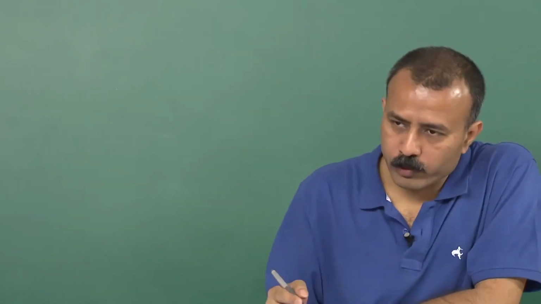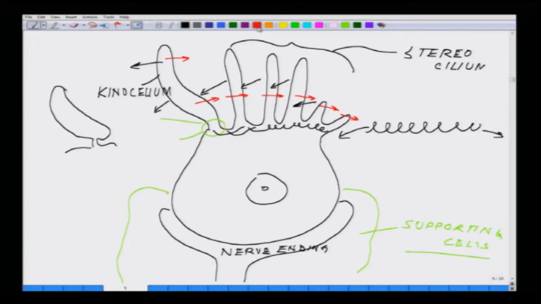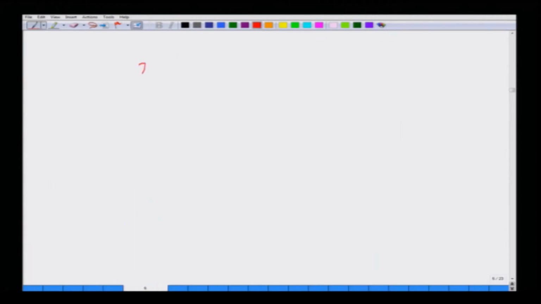So, what we can essentially put out here is this. If I had to put it in text, then it will be a displacement in this direction.